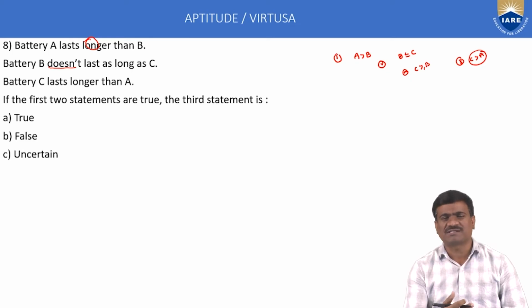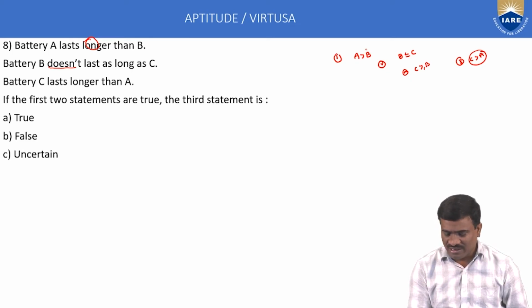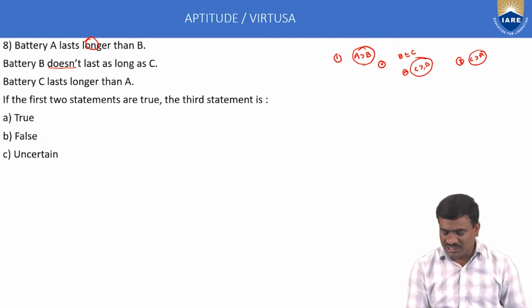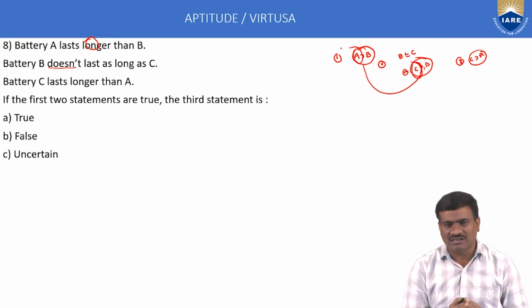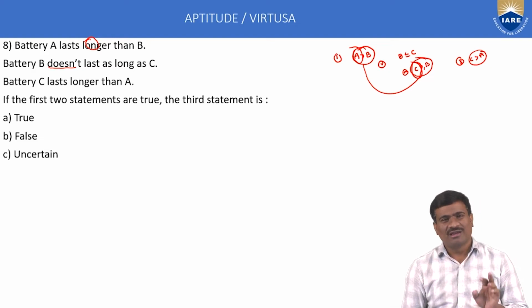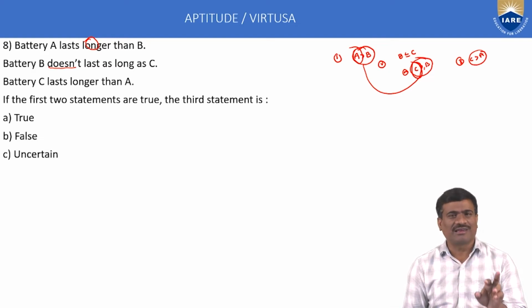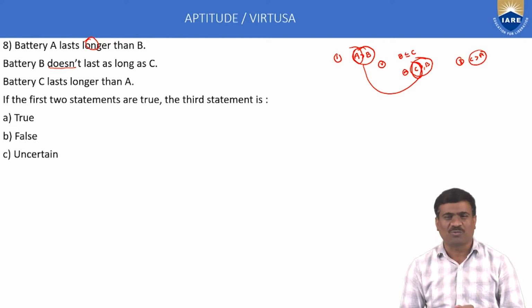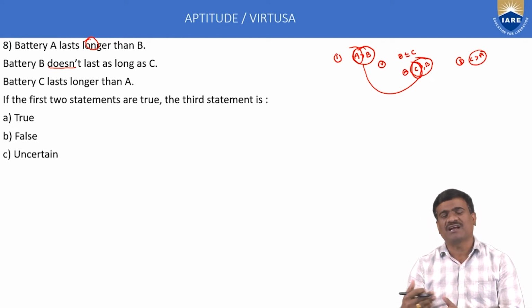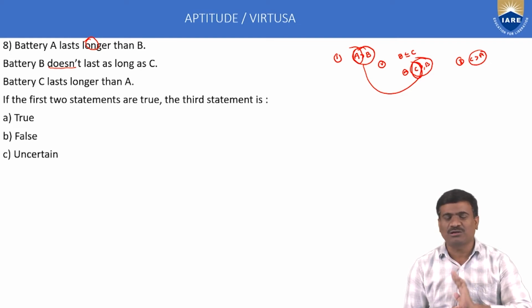But the conclusion: using the first and second statements, A greater than B, C greater than or equal to B. But using the two statements, the A and C relation is not given. If the A and C relation is not given, then less than, greater than, or equal to are all possible, because that information is clearly not given.